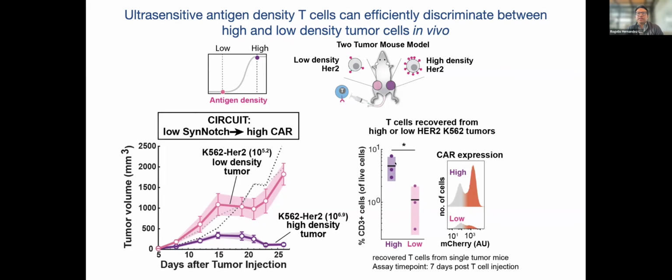What we found is that you find many more T cells in the high density tumors. And also, if you measure the CAR expression on those T cells, just like what I showed you earlier in the in vitro assays, you will find that the T cells removed from the high HER2 tumor also have higher levels of CAR expression.